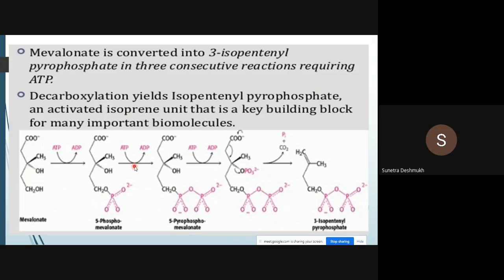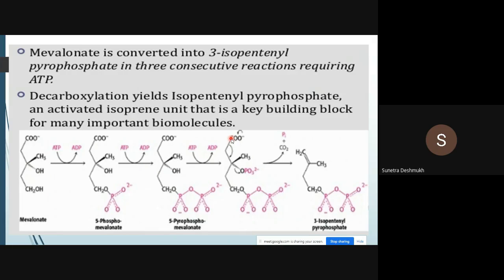Again on treatment with the next molecule of ATP, another phosphate group is getting attached. Again more treatment with ATP, another phosphorus containing group has been attached to this hydroxyl group. At the end, elimination of carbon dioxide. Here this carbon dioxide is getting eliminated.